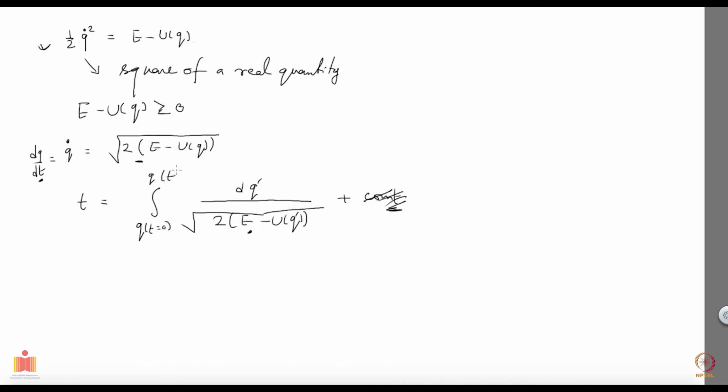This is a definite integral now, and this I want to choose to be 0. So what you have basically is the following: the integral from 0 to q of t of dq prime over the square root of 2 times E minus U of q prime. Correct.